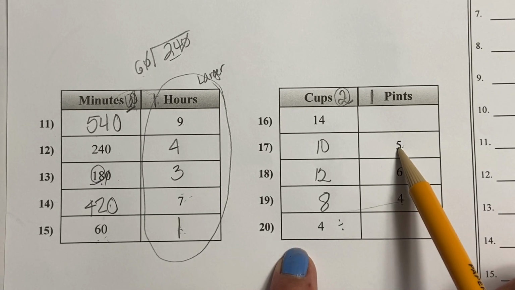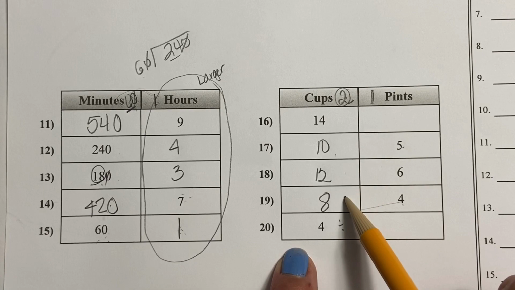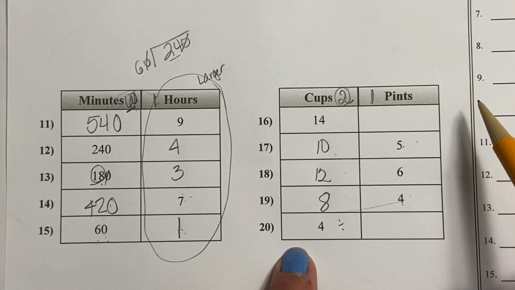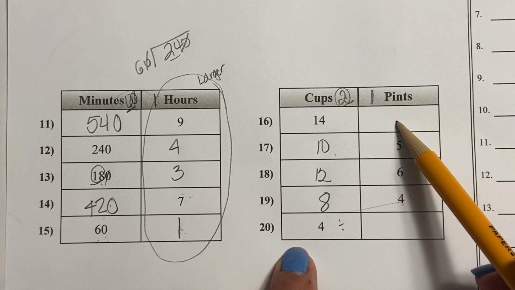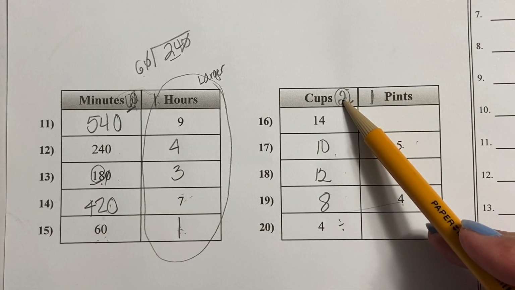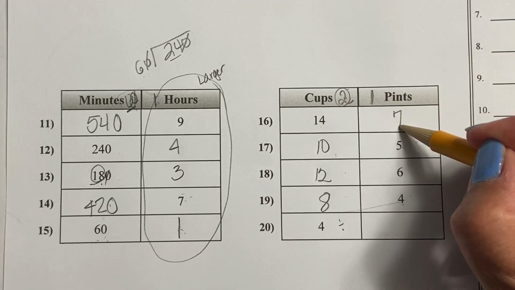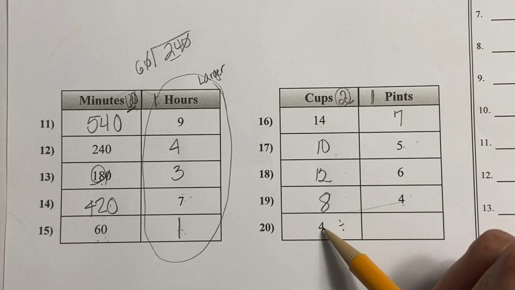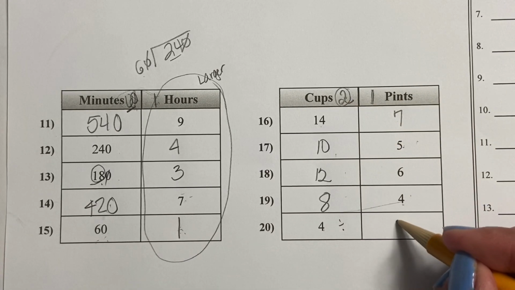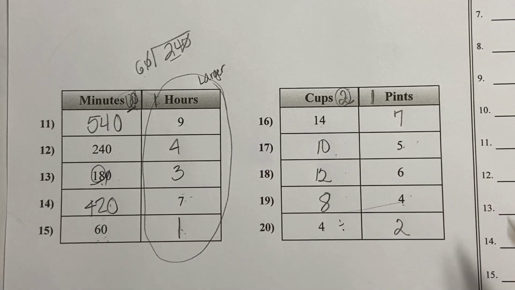I multiplied to get the cups when I was given the pints. Now I need to do the inverse, which is the opposite, to get the pints. If I have 14 cups and I divide those by 2, I get 7 pints. If I have 4 cups and I divide it by 2, I'm going to get 2 pints.